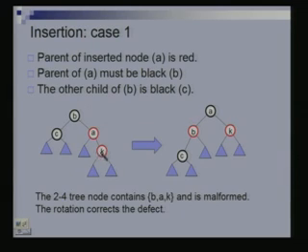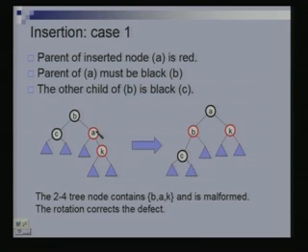So, this is the node that I am inserting. Just concentrate on this picture for now. This is the node I am inserting, this is k. In the previous picture I had shown that its 2 children were external nodes. Now, I have just replaced that by subtrees, and you will see what the reason for this is in a short while. And now, we would have a double red problem if the parent of this node that we inserted is red. So, this parent, which is node A, is colored red.